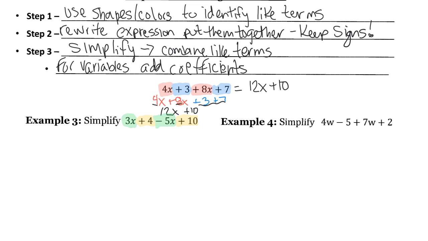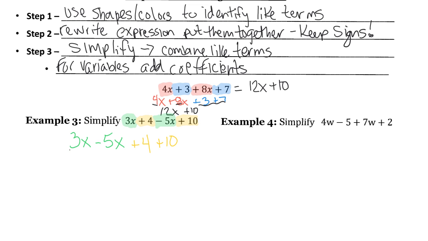Okay, so we're going to rewrite our like terms together. That's step number 2. Rewrite the expression to put our like terms together. So I'm just rewriting them as they are. So I have 3x minus 5x. And I have plus 4 plus 10. And then the next step is to simplify.